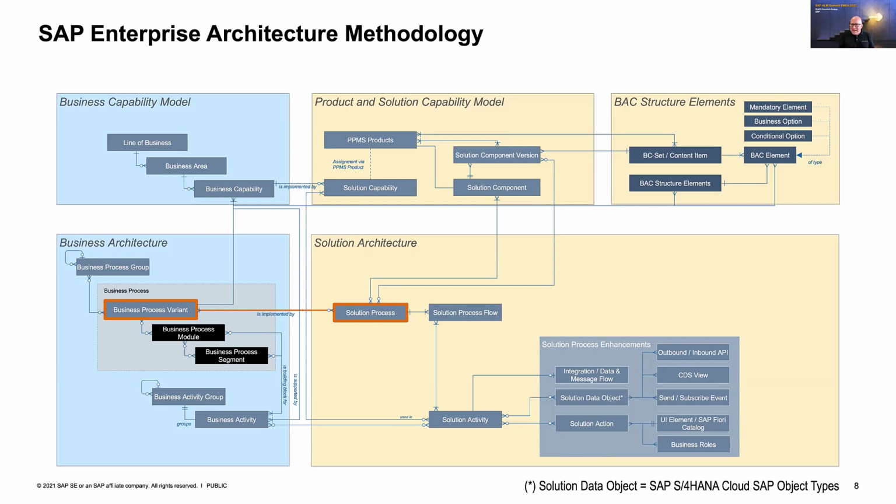Yeah, we exactly know what are the solution process flows. So we know what are the solution activities and what order do we need to execute the solution activities to perform a certain job. So here we talk concrete solutions and concrete products serving a certain business process. Attached to the solution activities, you then also find the more technical artifacts like the solution actions.